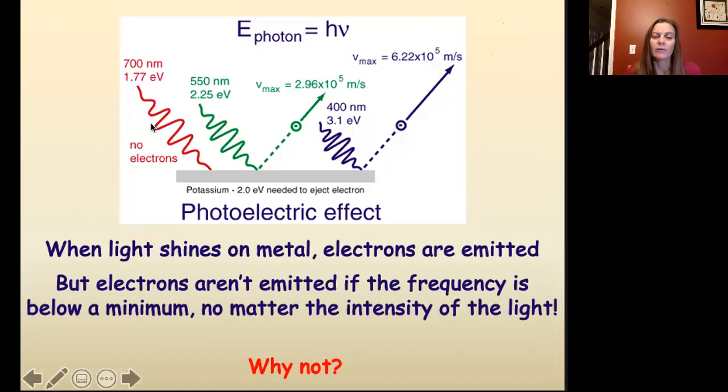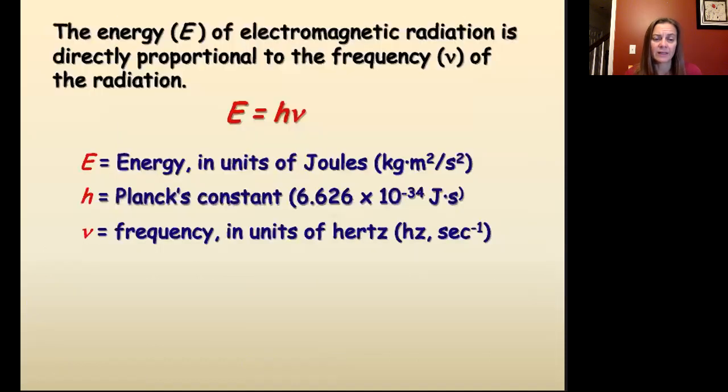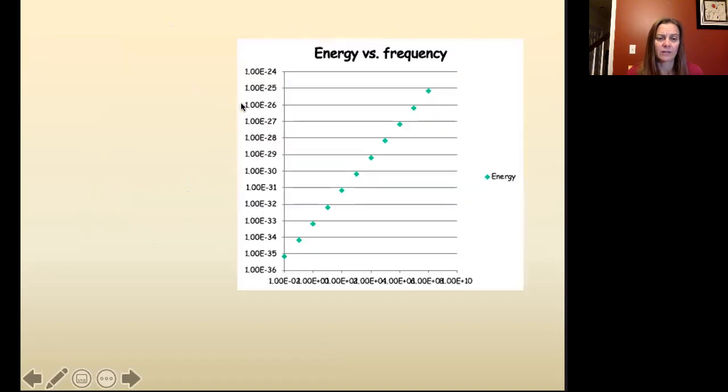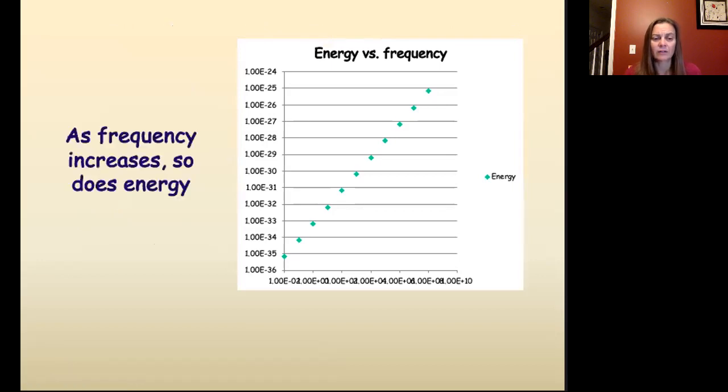So we need a certain amount of energy to knock the electron off. This shows us that light of different frequencies has different energies, and we express that with this equation. Since this is a direct relationship, as frequency increases, energy increases. So again, as frequency increases, energy increases as well.